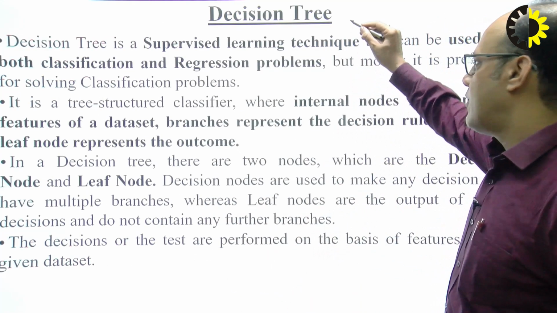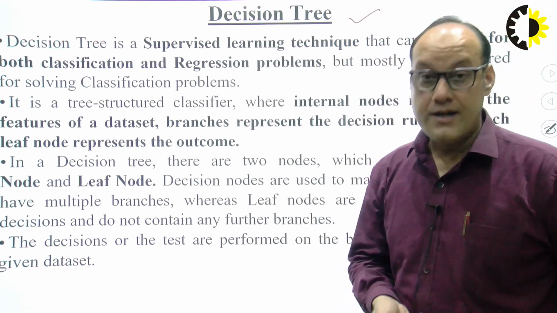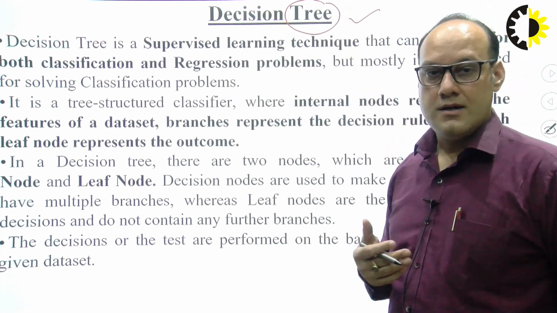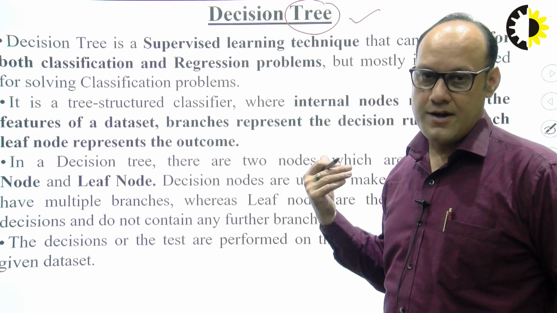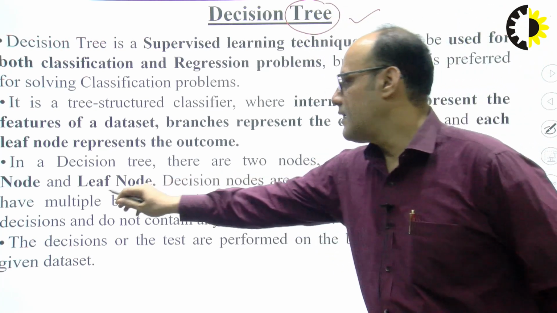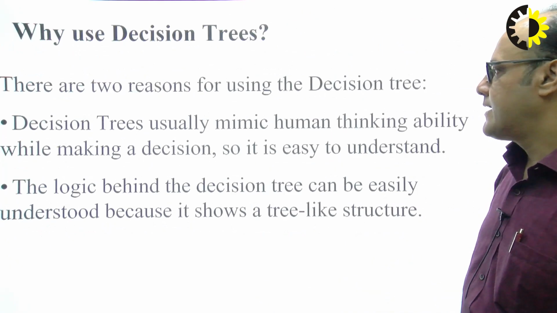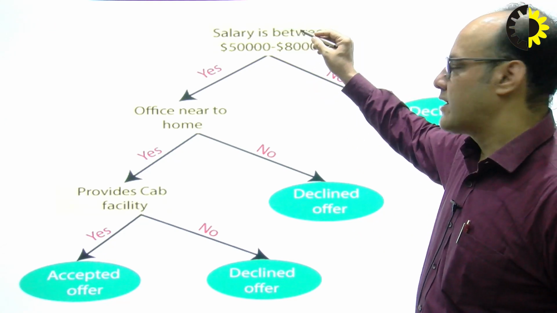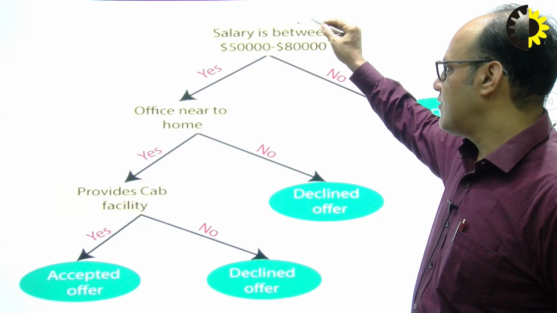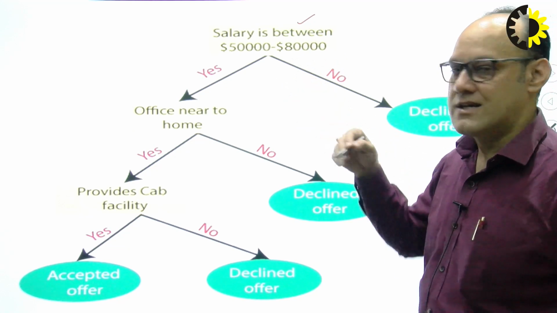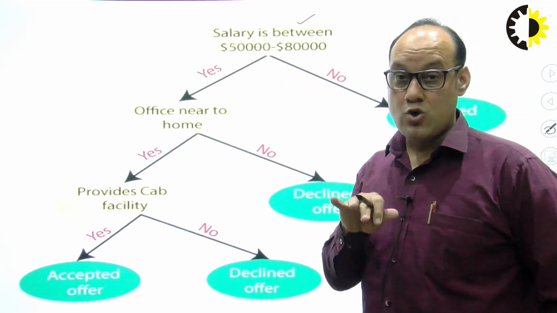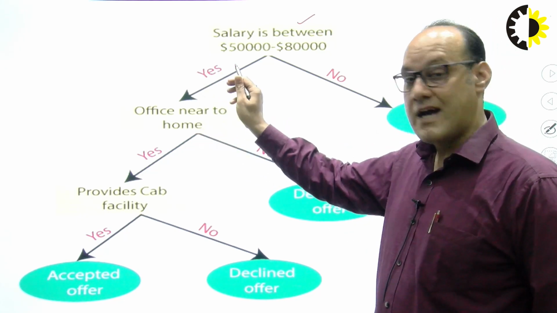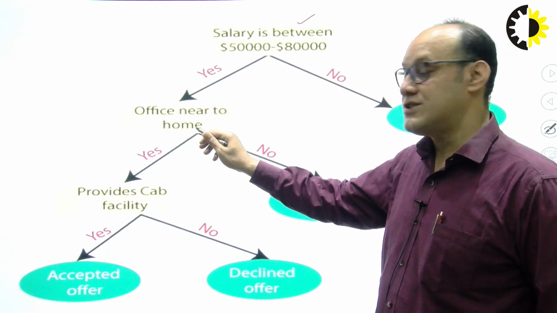Okay, now decision tree is another supervised learning technique. The term tree means we are just going to make a tree here. See, a tree is made here. For example, if I get an opportunity of getting a salary between this, whether I will join that job or not will depend on my condition of yes or no. I will check, if yes, I am going to join, I will check whether that office is near to my home.